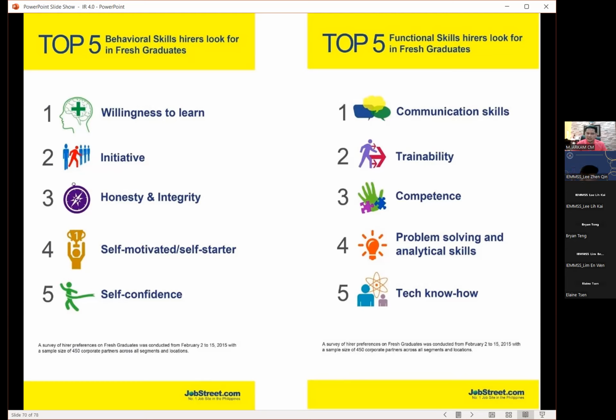You have analytical skill to solve issues, and tech know-how. You need to understand the technology as well and how you want to use, for example, Google Maps, Google Docs, ChatGPT, Google Sheets, Google Slides, Google Drive. That kind of Google tools are very, very helpful in the current working area.